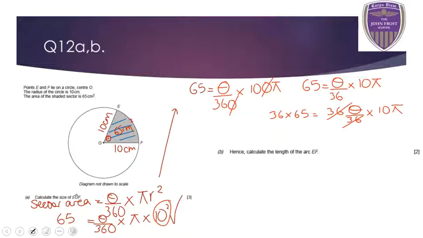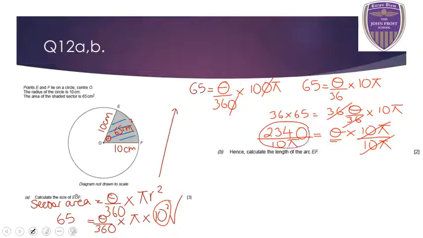And this will give you 2340 equal to theta times 10 pi. To get theta on its own, divide both sides by 10 pi. And of course, on the calculator, you can work that out because they cancel out. So when you work that out on the calculator, theta to the nearest degree is 74 degrees.